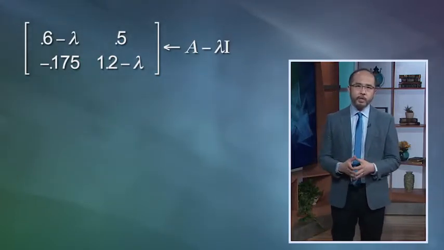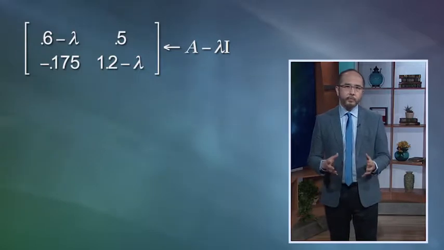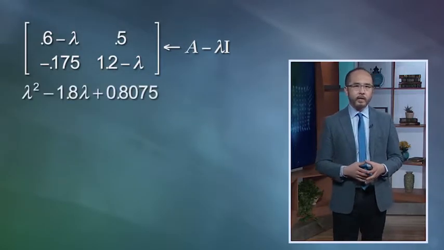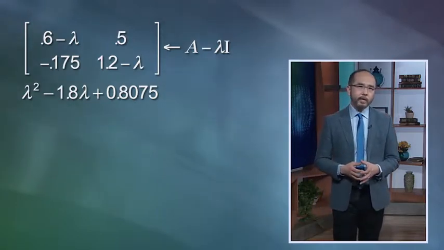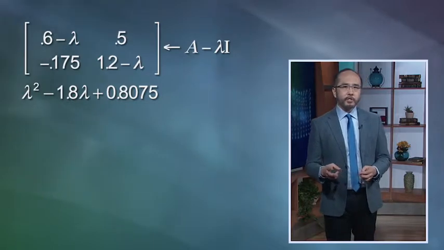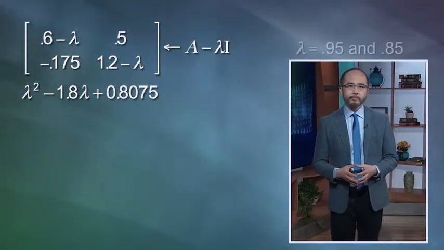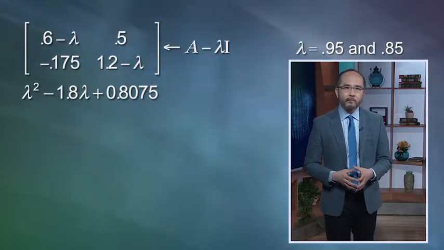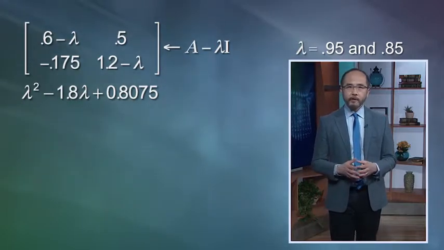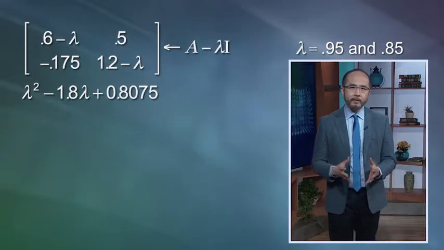Now, taking the determinant of this matrix, you'll get the characteristic polynomial, which is lambda squared minus 1.8 lambda plus 0.8075. This polynomial has two roots, which can be found using the quadratic formula, and these are lambda equals 0.95 and 0.85. And remember, they are the eigenvalues of A.